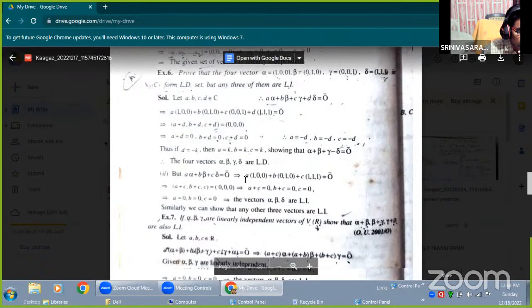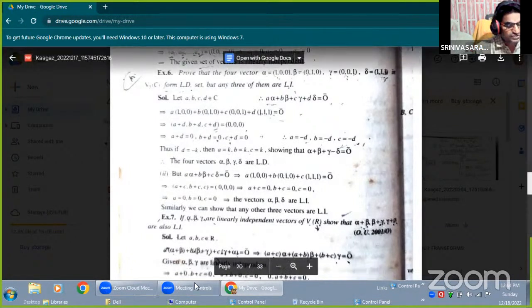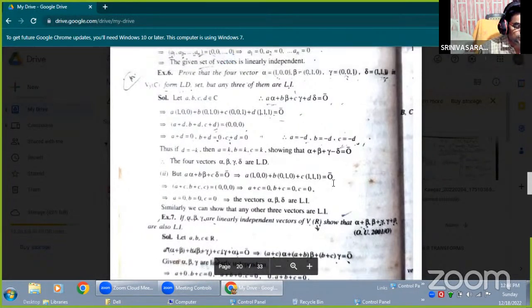Writing the coordinates, A plus C equal to 0 and B plus C equal to 0, and next C plus C equal to 0, so C into 1 equal to 0. When the C value is substituted, B equal to 0, and substituting B and C values, we get A equal to 0. Each and every scalar is 0. So the given vectors alpha, beta, del are linearly independent.